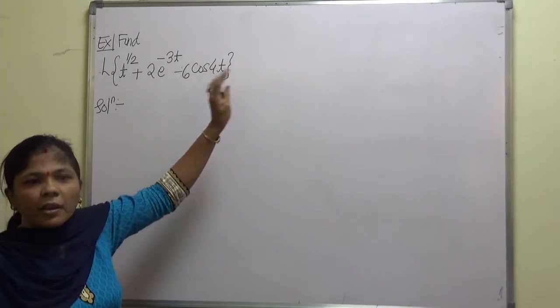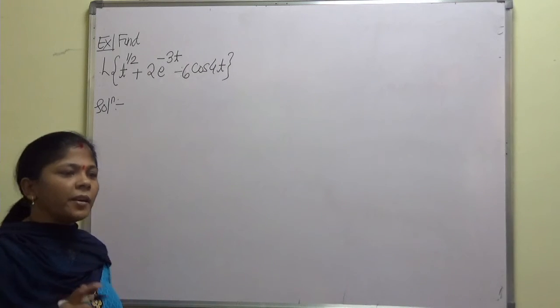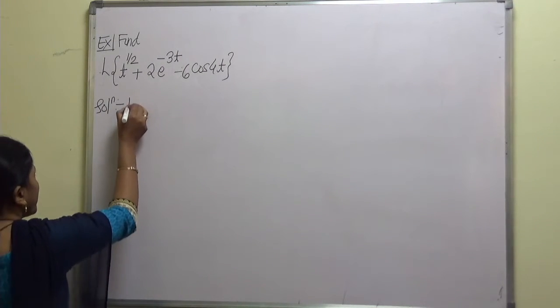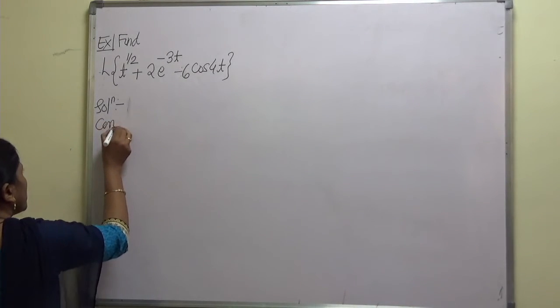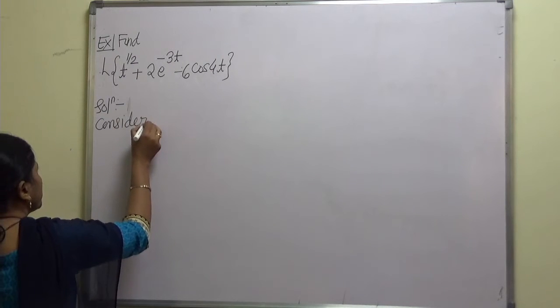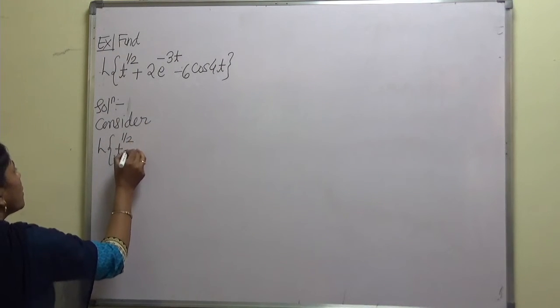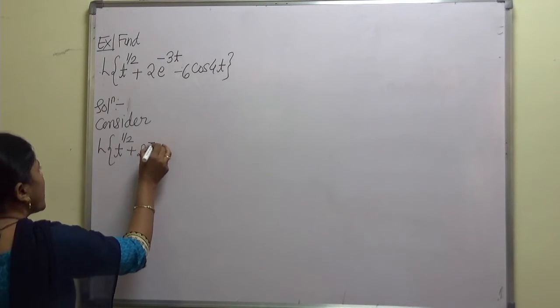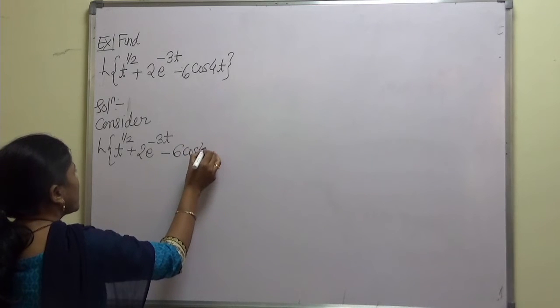So scalar multiplication and addition and subtraction. So obviously we will have to apply linearity property. So let us apply linearity property. So therefore, right. So we have considered the term Laplace transform of t to the power half plus 2 times e raised to power minus 3t minus 6 times cos of 4t.